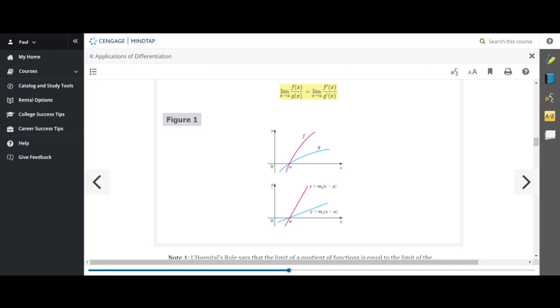And then there's a slope for the tangent line to the function g at x equals a. That slope would be the derivative of g at x equals a, and that's m sub 2. So in the second picture they've drawn the two tangent lines for f and g at the point x equals a.